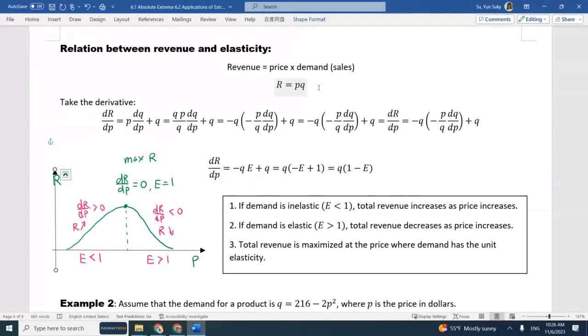This is the E, right? Elasticity. So yeah, this is the E. So that is the E.